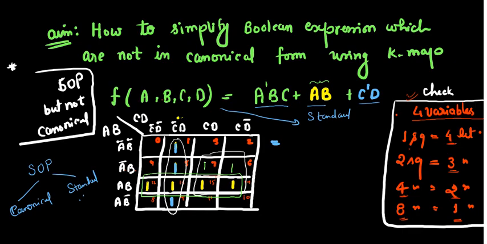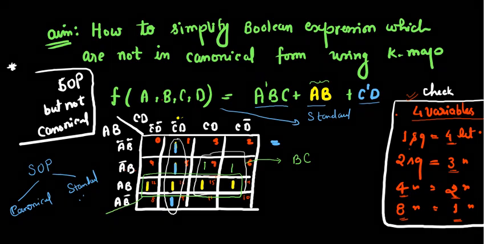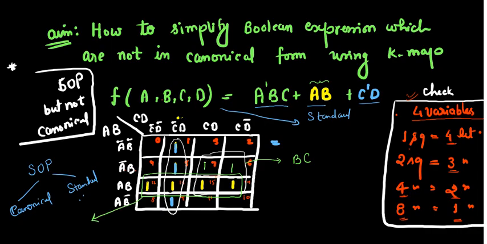After simplification, we see that B is not changing, B is same as B, and C is not changing, it is as C. So this square corresponds to BC. Next, this is same as AB, and this is same as C prime D. So the simplified version would be BC plus AB plus C prime D.